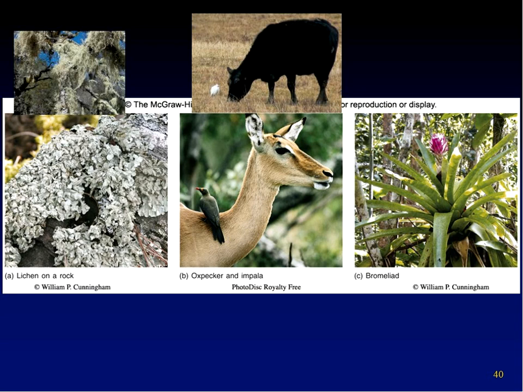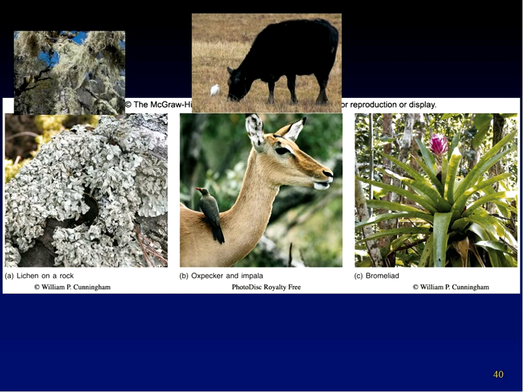So this is a picture of a lichen on a rock. You see lichens all over our Bay Area. This little inset at the top is what we call California Spanish moss, that hangs from all the trees, and that actually is a lichen.